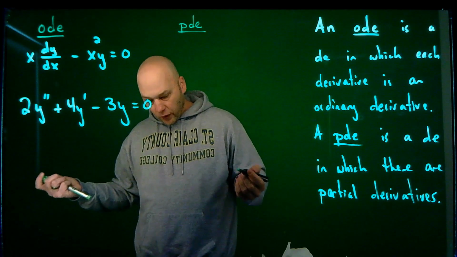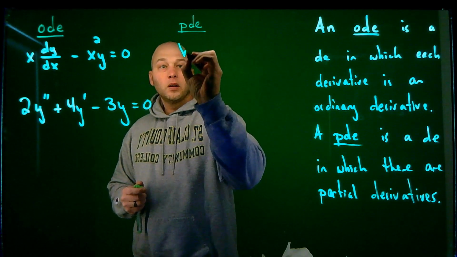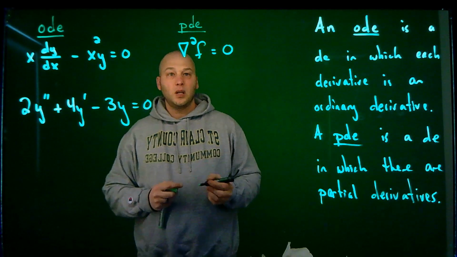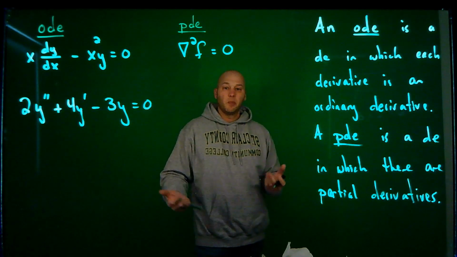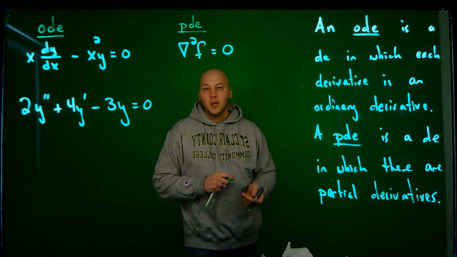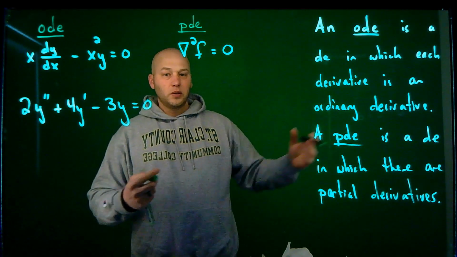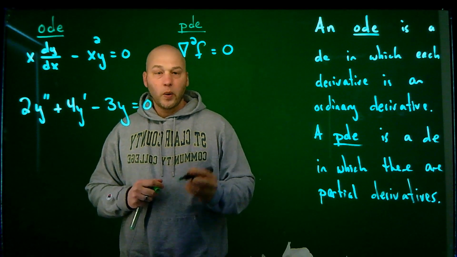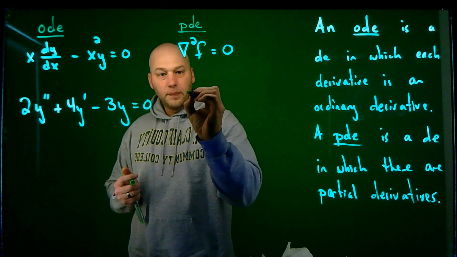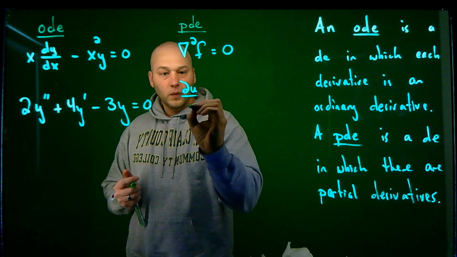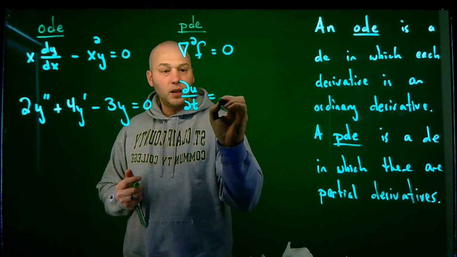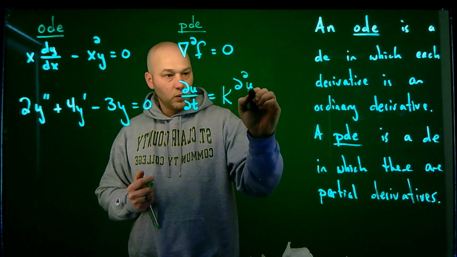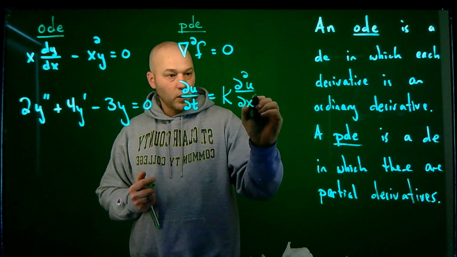A partial differential equation, for one, could look like this, where remember that del squared is the Laplacian of the function, which consists of second order partials. Another partial differential equation could look something like du dt is equal to k d squared u dx squared.